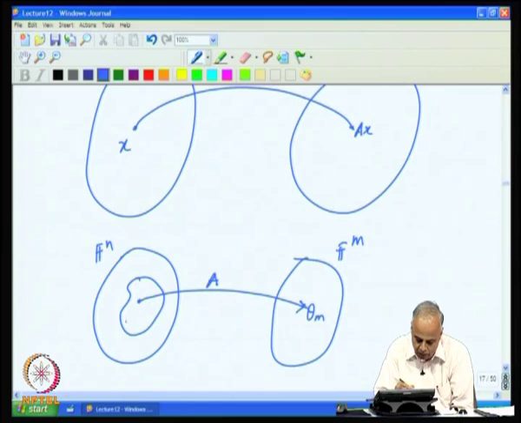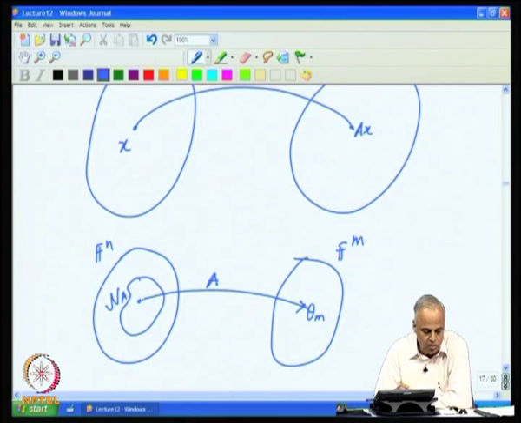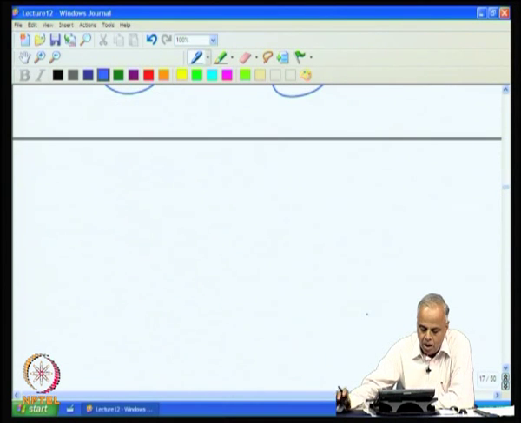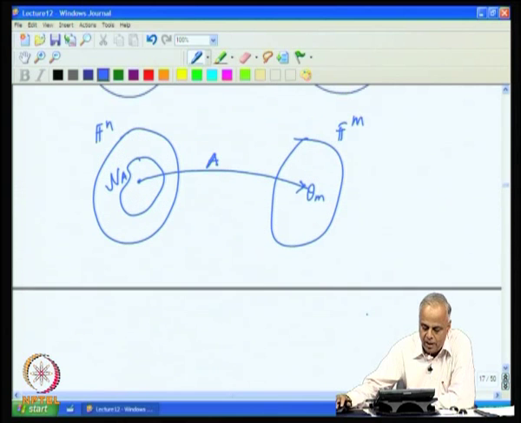This part is the null space of A. So, the null space of A is the collection of all those vectors in Fn which get mapped to the 0 vector. So, the null space of A is a subspace of Fn, because we are looking at those vectors in Fn which go and fall there.